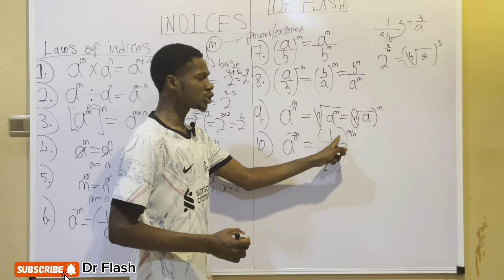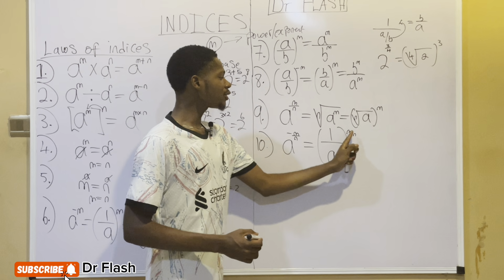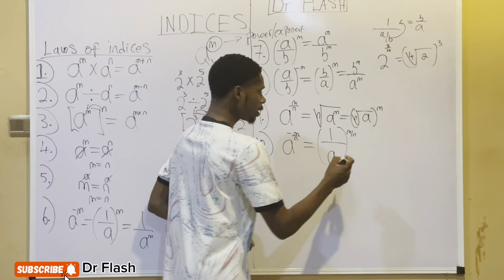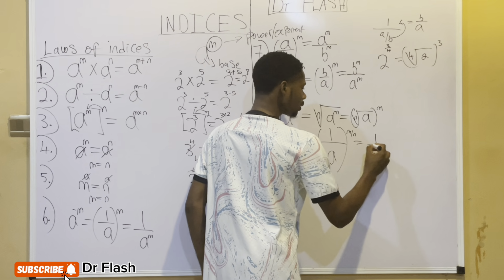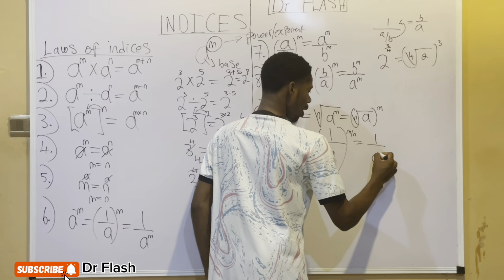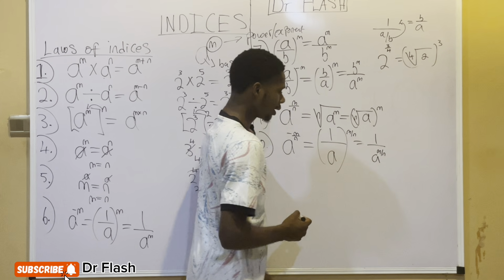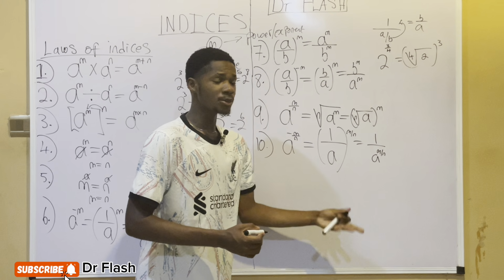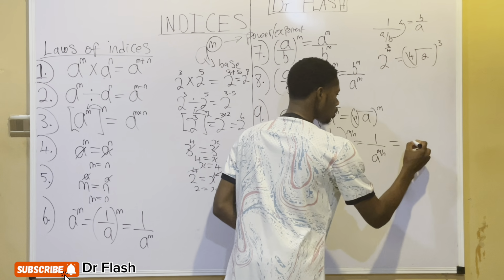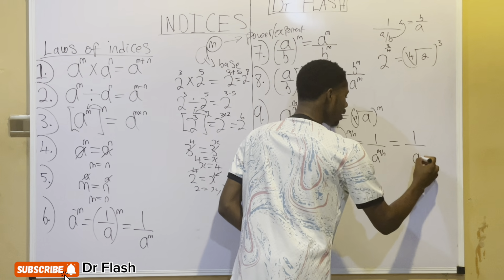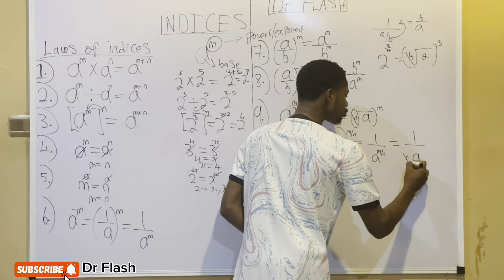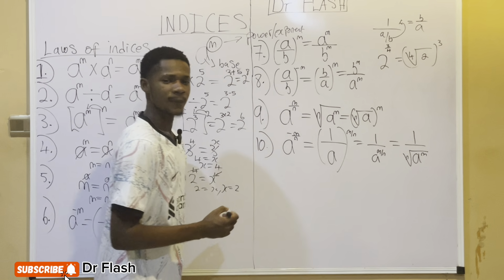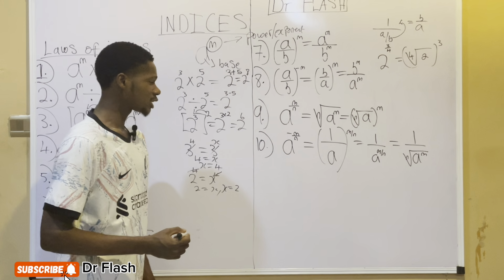It affects both the one on top and the one below. 1 raised to any power is what now? 1. So we're going to have 1 over a to the power of m over n. Now we're going to apply this same law here. The denominator of the fraction becomes the root. That now gives us 1 divided by the nth root of a raised to the power of m. That is how a problem like that is being solved.